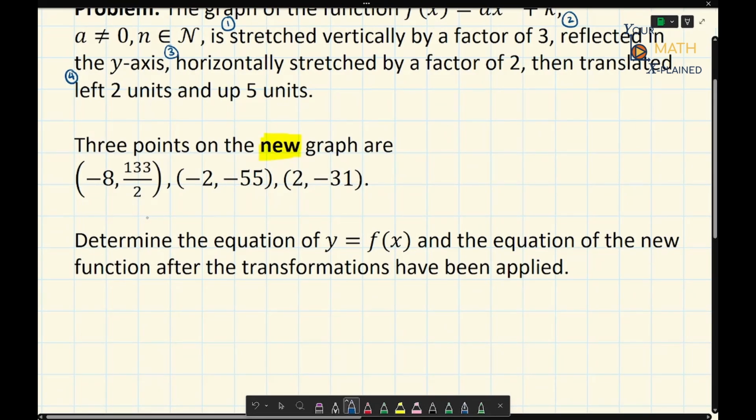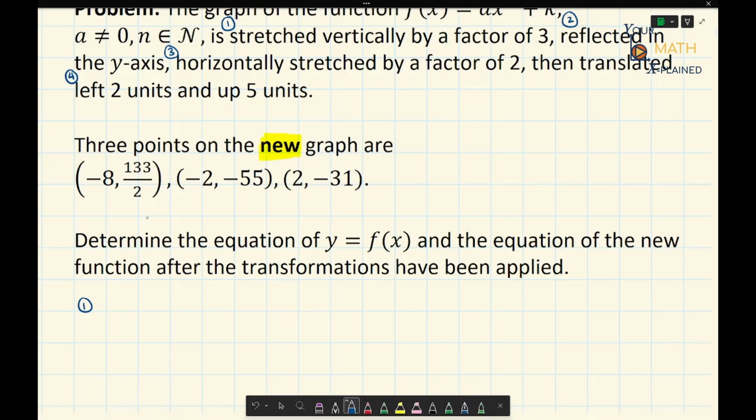Okay, so the first one, which is actually the fourth one. The last transformation that was done is to go left by 2 units and up by 5 units. So to go in the opposite direction, we're going to translate 2 units to the right and then 5 units down.